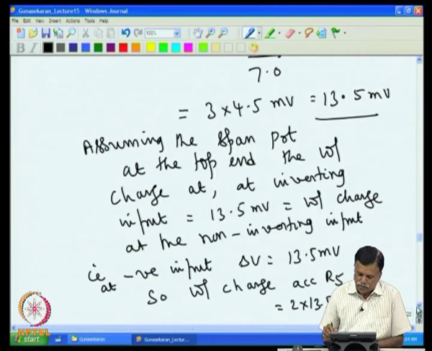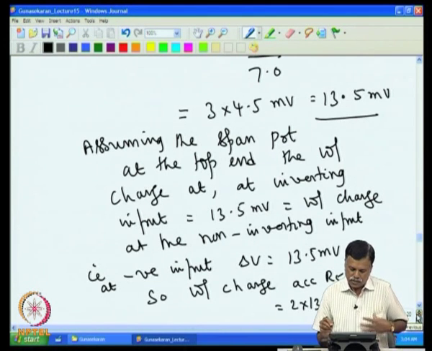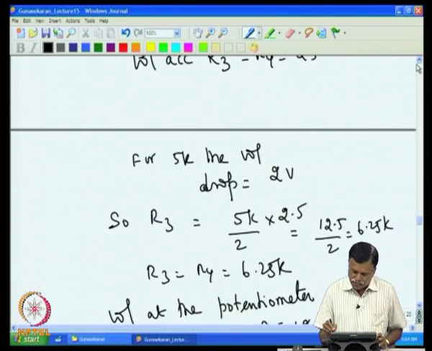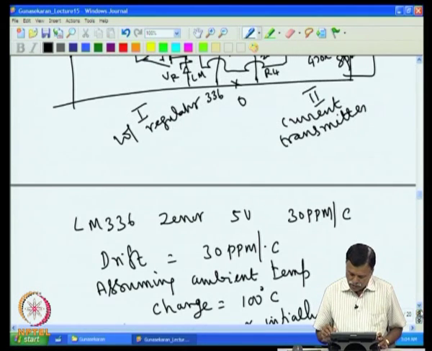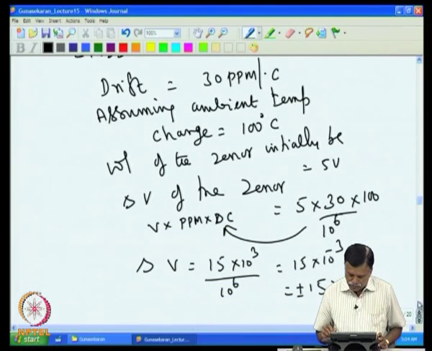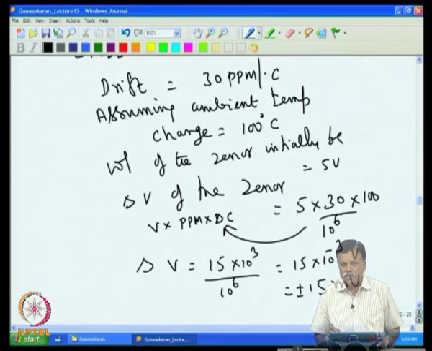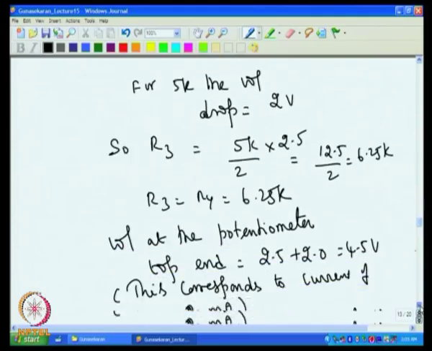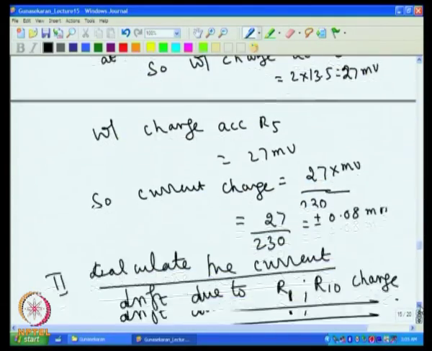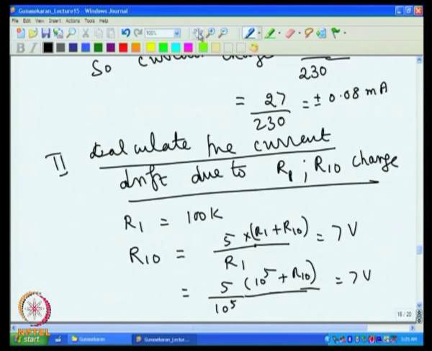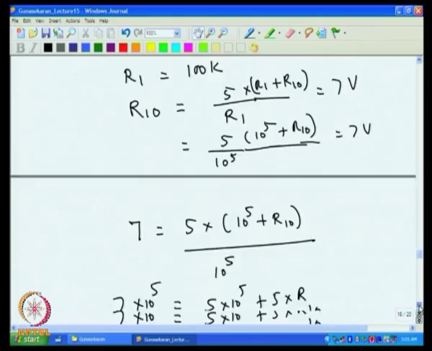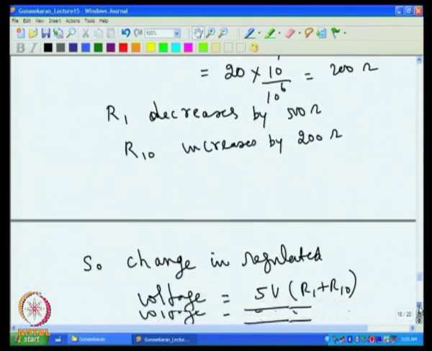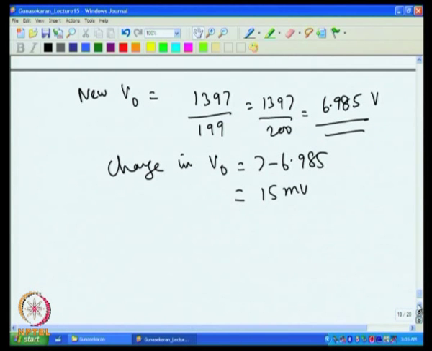Now it is instead of 13.5 millivolt, it is 15 millivolt. So Zener was drifting 15 millivolt, that 15 millivolt had given us current change of, that we have calculated, not 0.08 milliamps. So 15 millivolt change had given you the current change of not 0.08 milliampere. So here also the same change will come. This 15 millivolt change is due to resistance drift, but the current actually will decrease now.